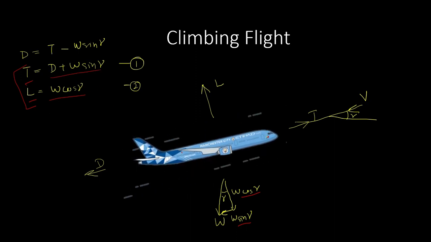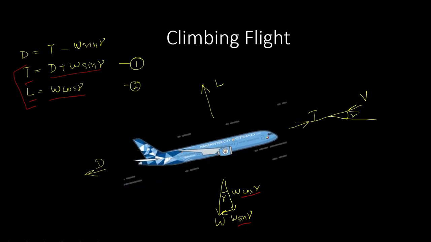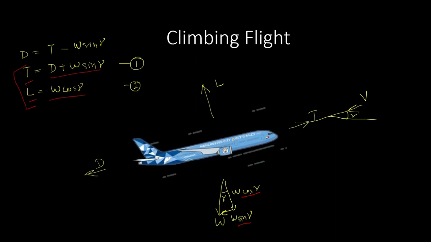Similarly, we can try different cases. We can try different maneuvers such as gliding, turning, pull up, pull down. We will discuss this in our upcoming lectures. So I hope you could understand the basic concepts, how the equations of motion were developed for the simple cruise case as well as climbing flight.